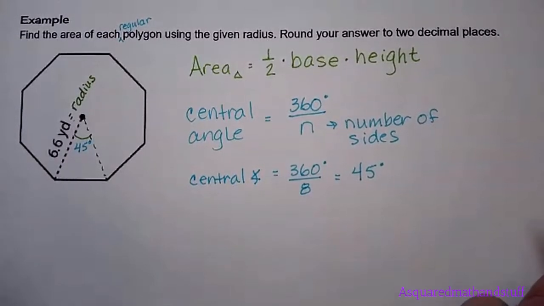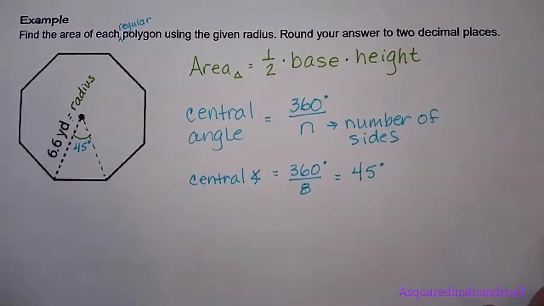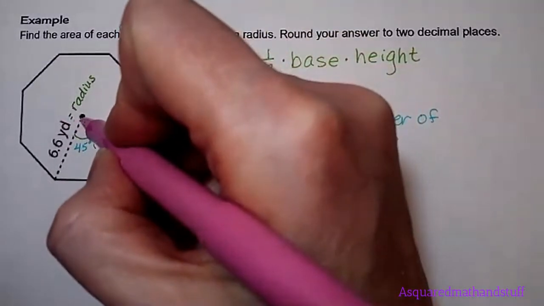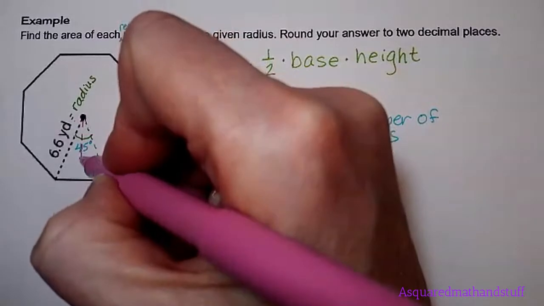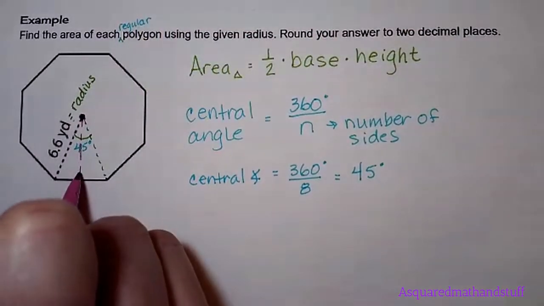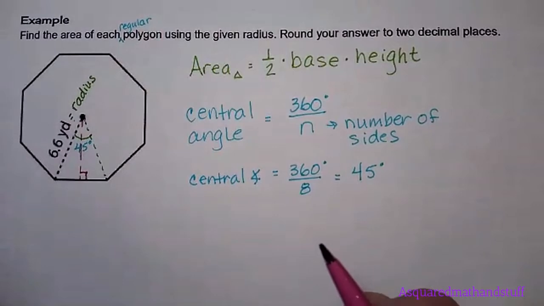That doesn't help us a whole lot at the moment, but what we can do is create a 90-degree angle here so that we end up having a right triangle, if we drop the height of this triangle that we drew. Anytime we draw the height of a triangle, it's perpendicular to its base.